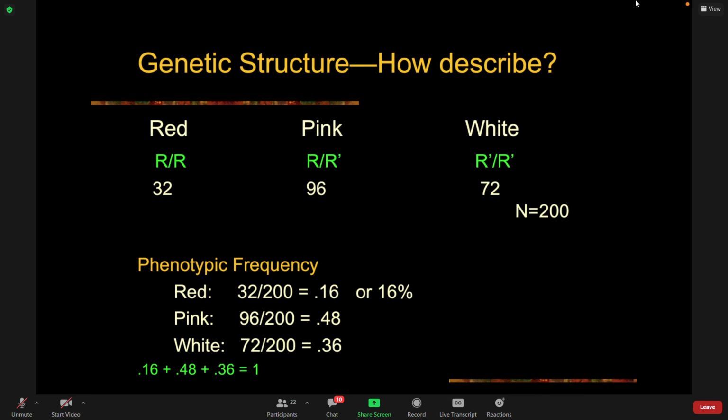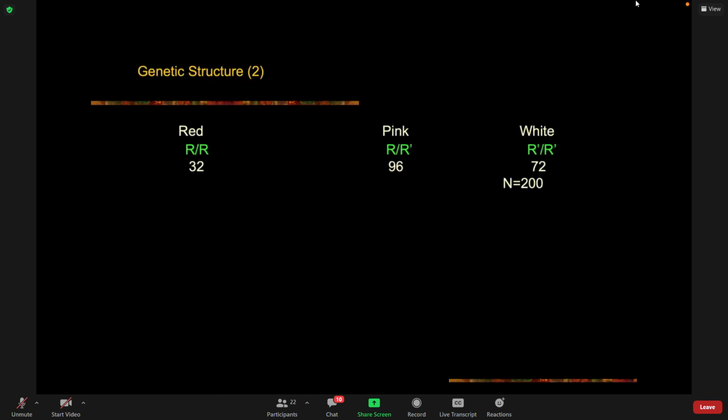Another way in which we could describe this population's genetic structure is by something that we call genotypic frequency. Genotypic frequency is the percent of individuals in the population that have a particular genotype. So we're not looking at the phenotype.